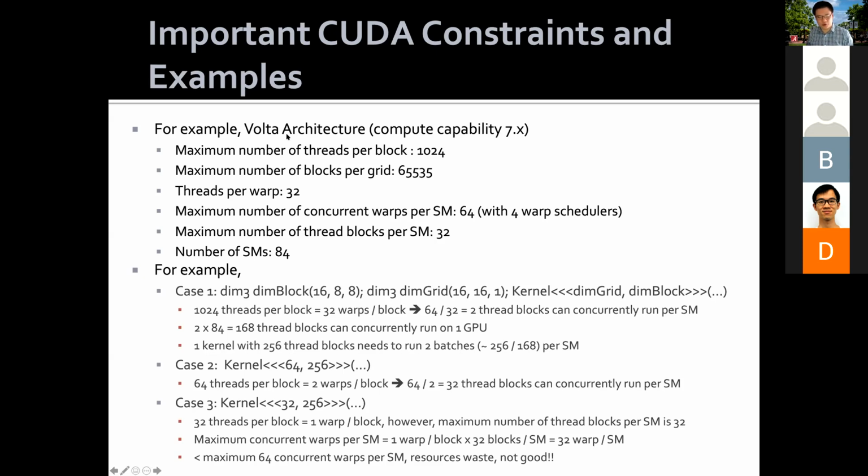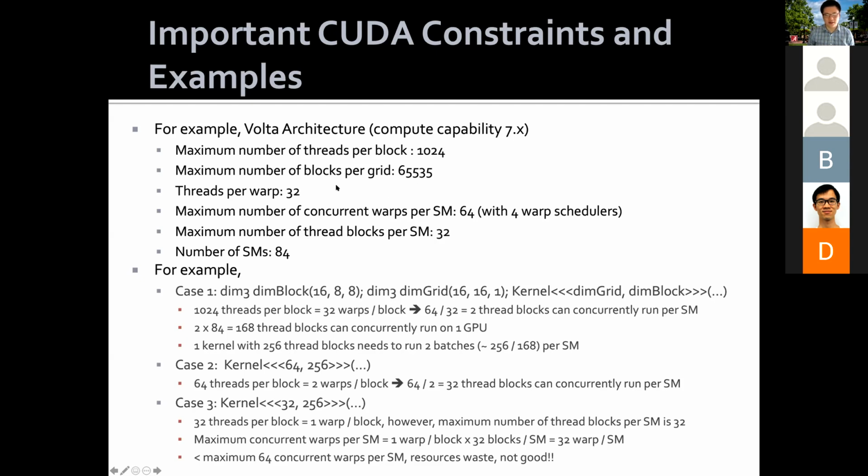I think there would be some Turing architecture, but that would be for mobile platforms. For the server, Volta is still the most powerful one. So you can think of these numbers as the up-to-date ones. 84 SMs, 32 threads per warp, and simultaneously 64 warps per streaming multiprocessor.